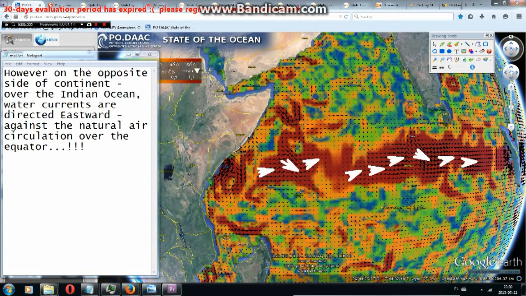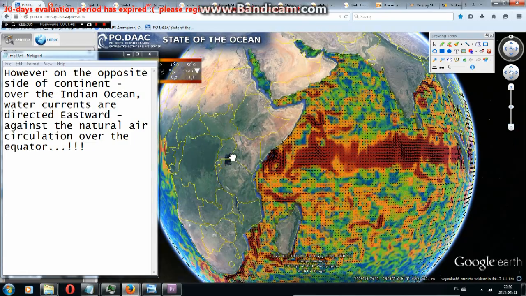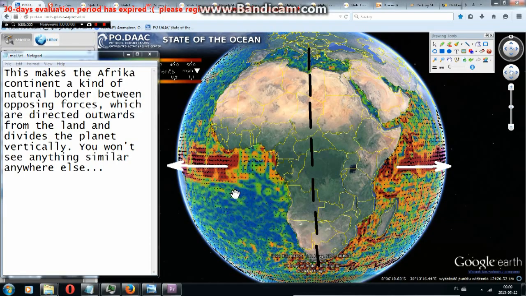However, on the opposite side of the continent, over the Indian Ocean, water currents are directed eastward, against the natural air circulation over the equator. This makes the African continent a kind of natural border between opposing forces which are directed outwards from the land, and divides the planet vertically.